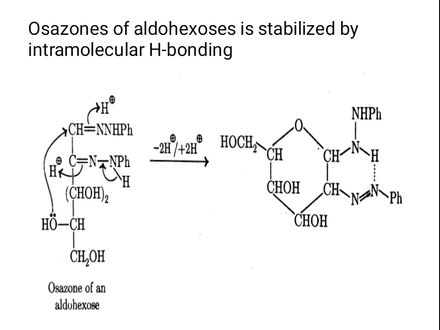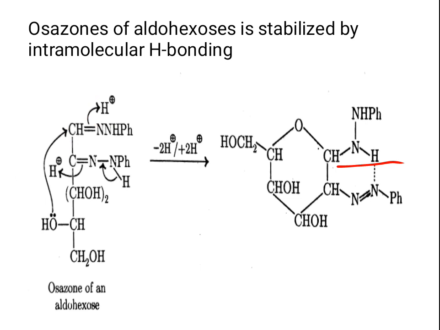Osazones of aldohexoses are stabilized by intramolecular hydrogen bonding. Now look at this portion. This OH attacks here and forms a ring-like structure, and this double bond takes a proton, so this becomes NH.